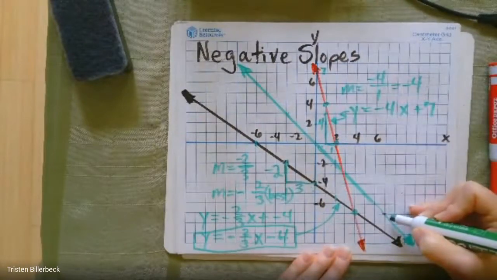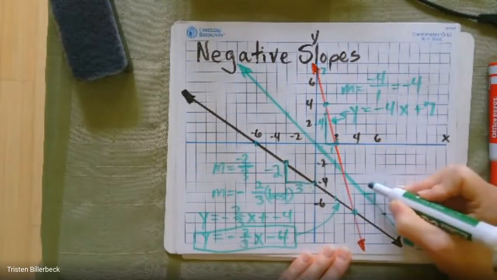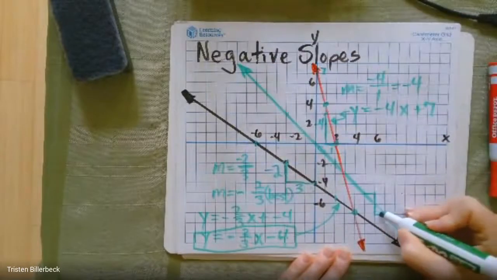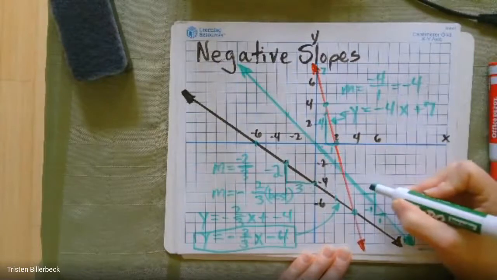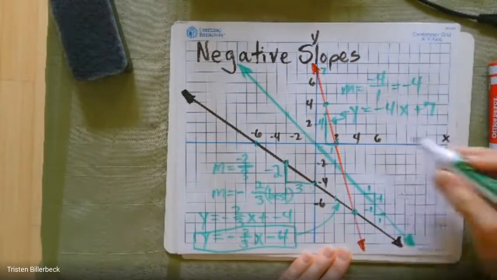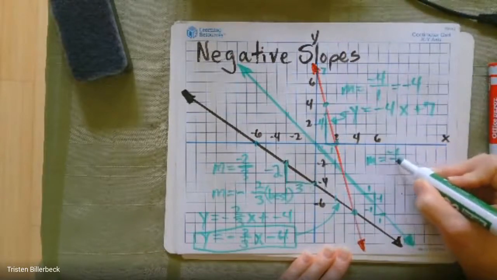Okay, let's find the rise and run of this. Well, that's not hard. You could do that or you could do that. It's going to be the same. So rise -1, run 1, or run 1, rise -1. So when we do this, we have a rise of -1 over 1.